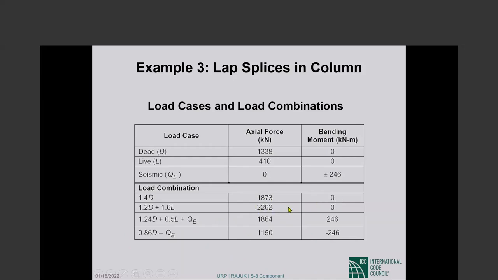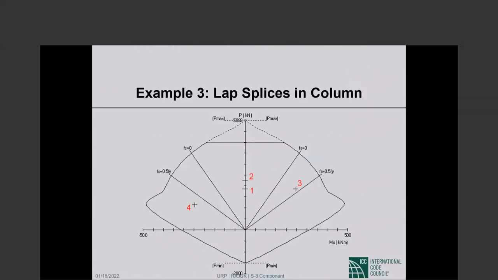P sub U of 2262, no bending moment. P sub U of 1864 coupled with a bending moment of 246. 1150 coupled with a bending moment of 246. So these are the P sub U, M sub U combinations.